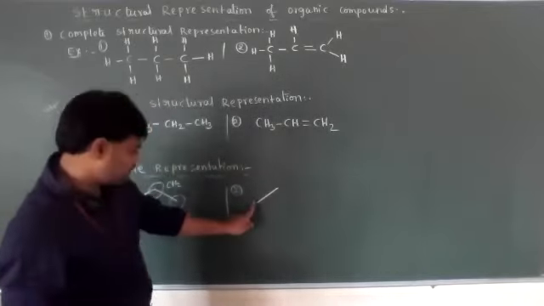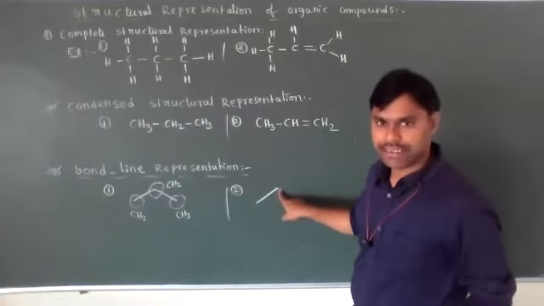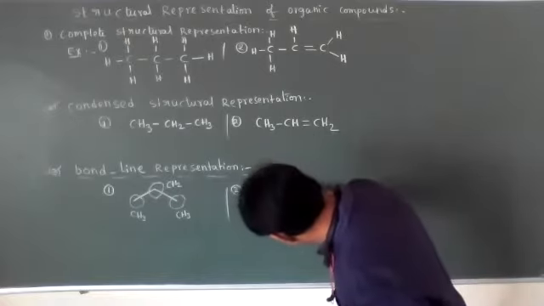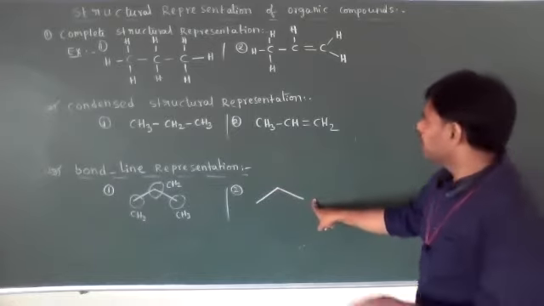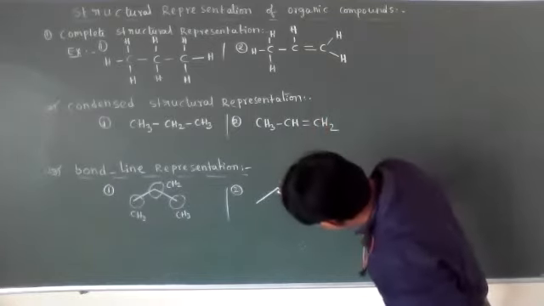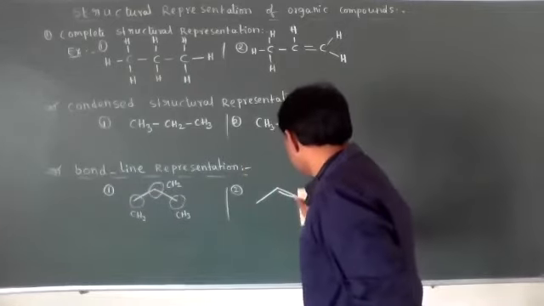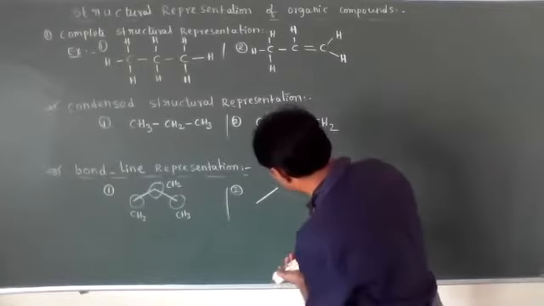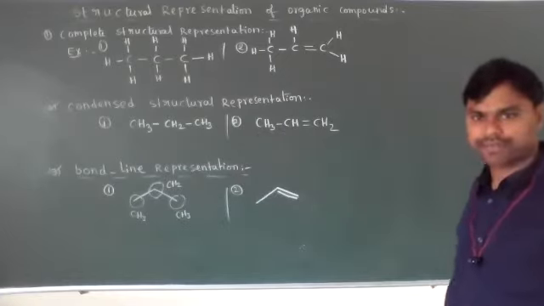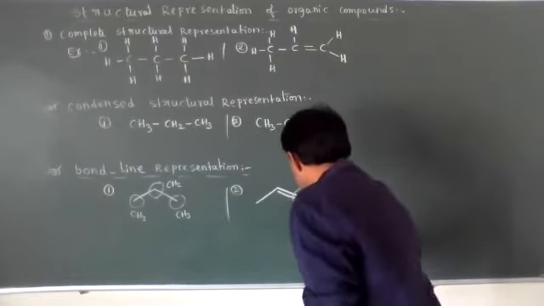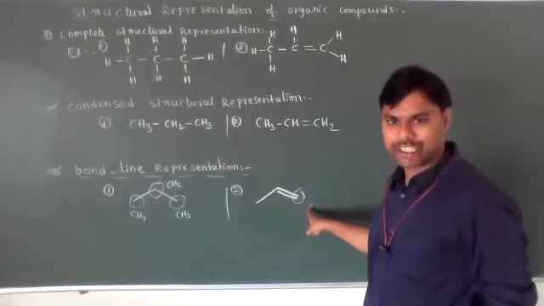One line present means this is CH3. Now this carbon is connected with another line, so it becomes CH2, and this is CH3, but a double bond is present. A terminal double bond at the end indicates a CH2 group.